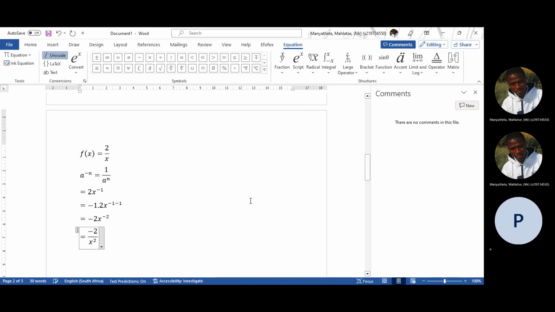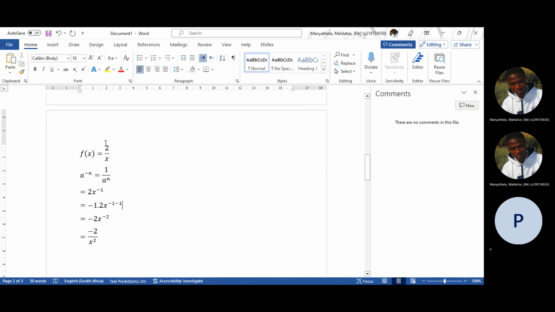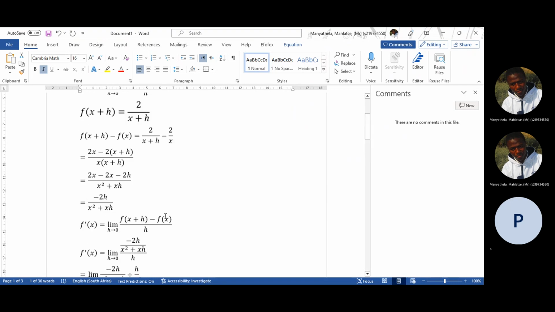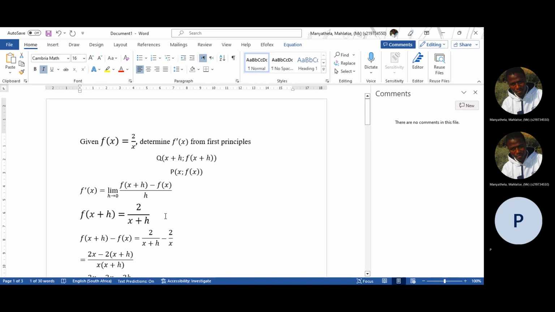So this is when you're deriving something of this form using rules of differentiation. And if you can check, minus 2 over x squared is the same answer that we got when we used first principles. But look at the question, what does it say? What do they want you to do?